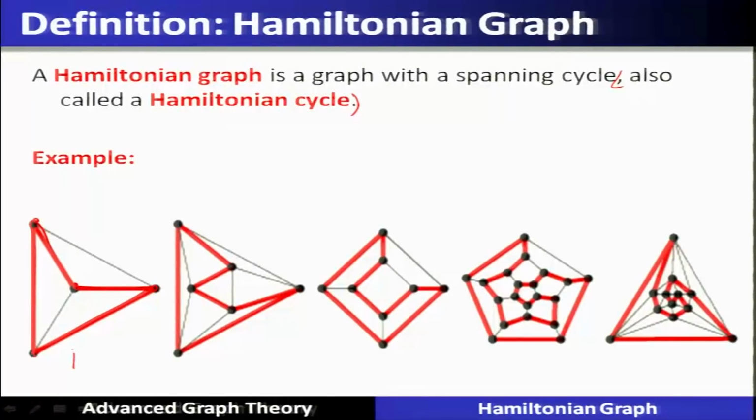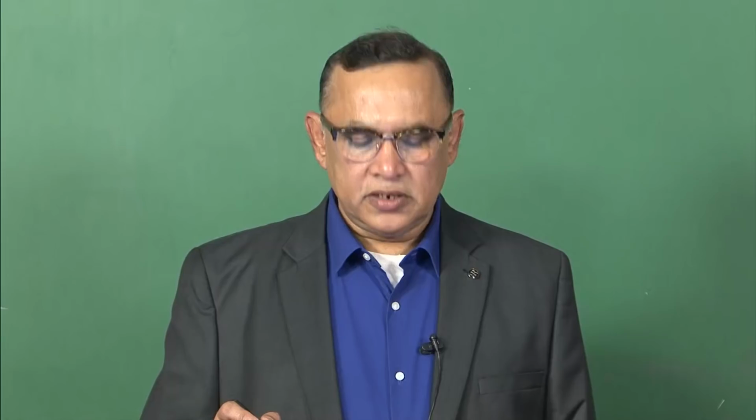This particular cycle is called a spanning cycle, which passes through or covers all the vertices of the graph G. The graph which contains this spanning cycle is called a Hamiltonian graph.